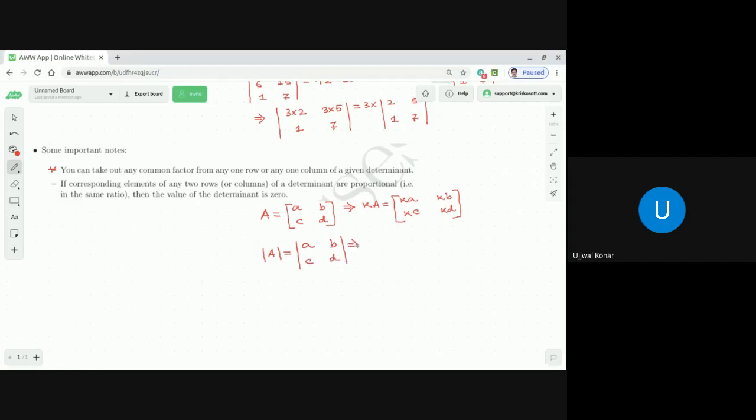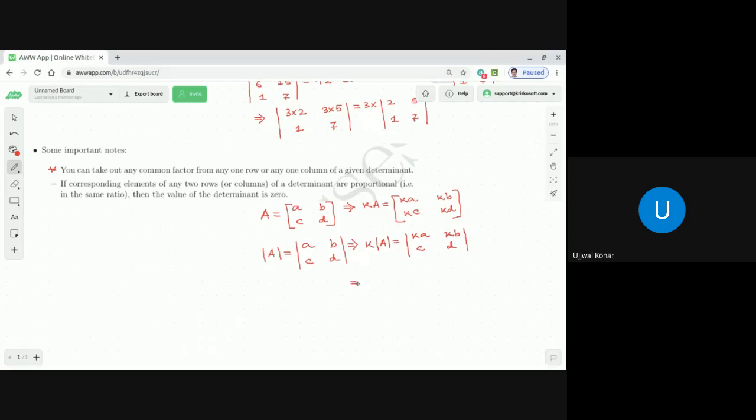Now if we multiply that k into the determinant, you can multiply that k with any row or any column. That means we can write ka, kb, but c and d remain unchanged, which is unlike the matrix case.